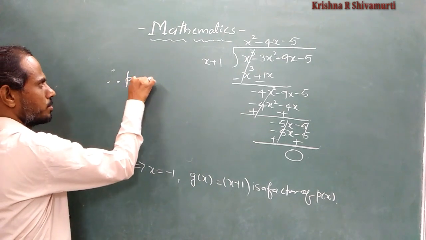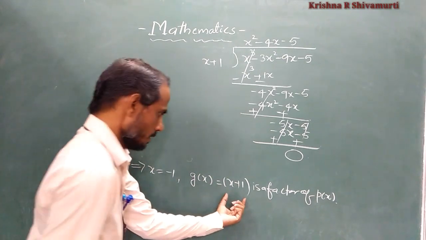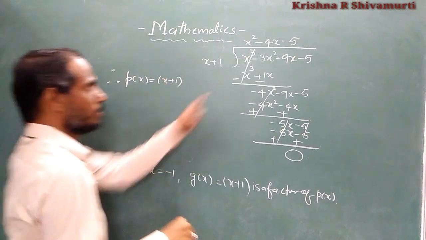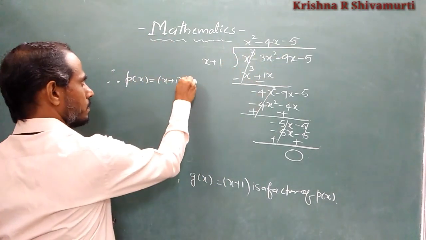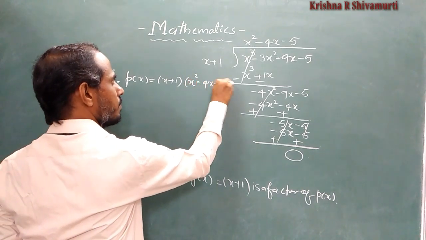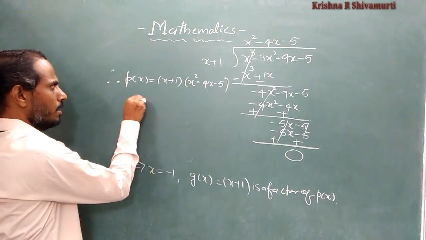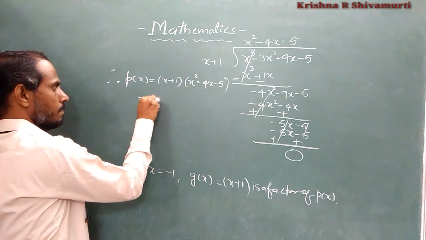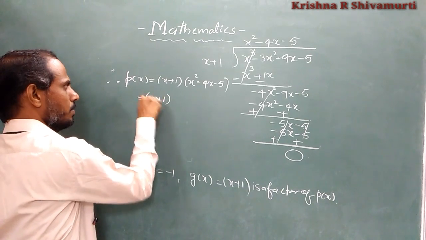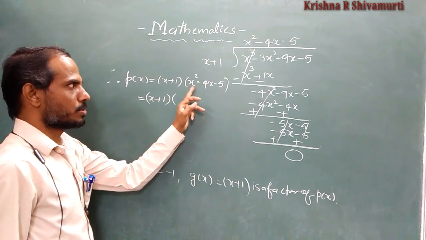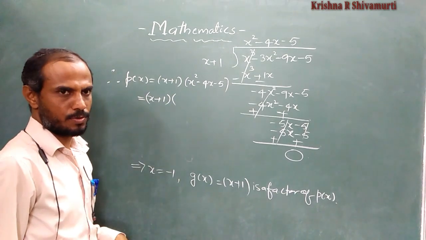Therefore, P of x is equal to x plus 1 into x square minus 4x minus 5. Now we should express this one again in factors. x plus 1 into, first term and last term: x square into minus 5 is minus 5x square.